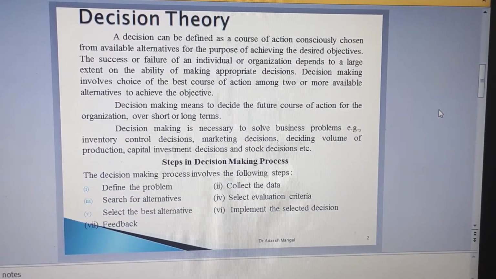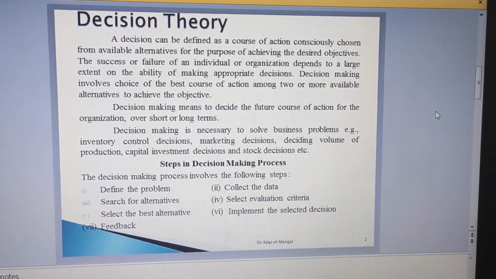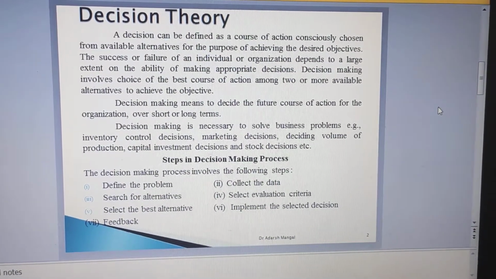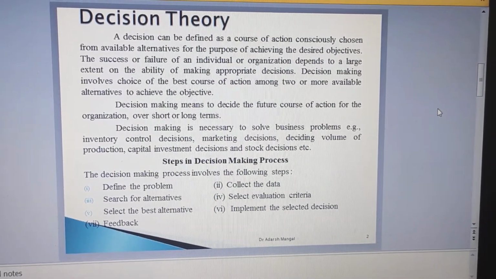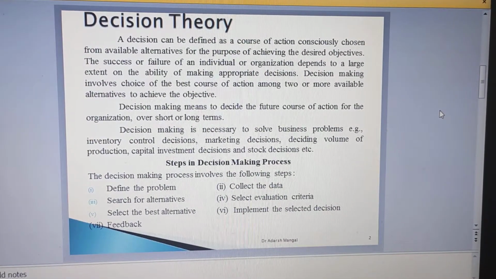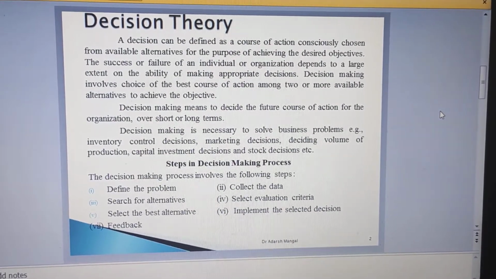Decision making means to decide the future course of action for the organization over short or long terms. Decision making is necessary to solve business problems, that is, inventory control decisions, marketing decisions, deciding volume of production, capital investment decisions, and stock decisions, etc.